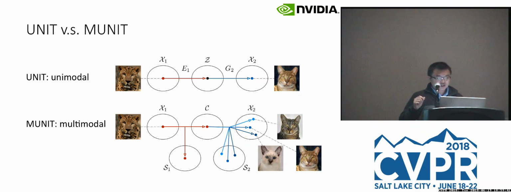For each different style code from domain 2, combined with the content code extracted from the first domain, we can synthesize different translations of cats. And S2 here is actually a sampleable space. It's a Gaussian space in our case. So you can just sample a distribution of different output cats.